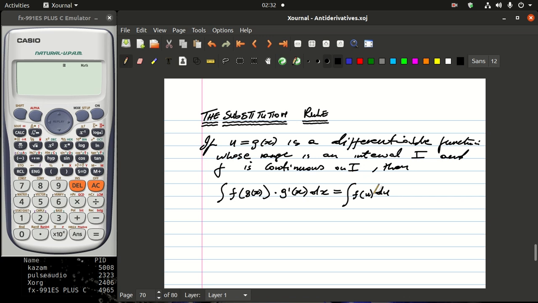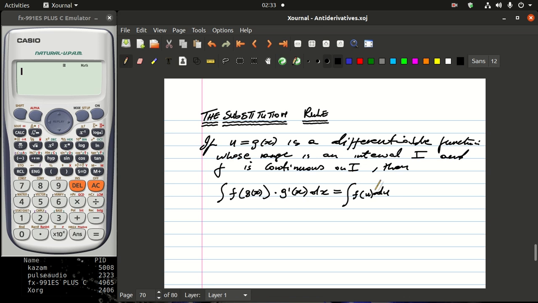That is one of the main reasons why we use the substitution rule. We are substituting this function by a variable so that the new function we get is part of the table.